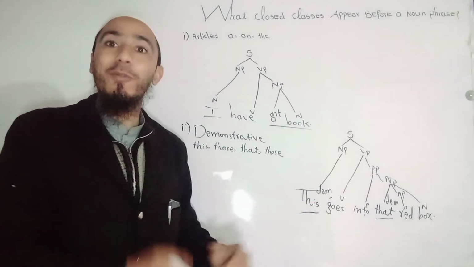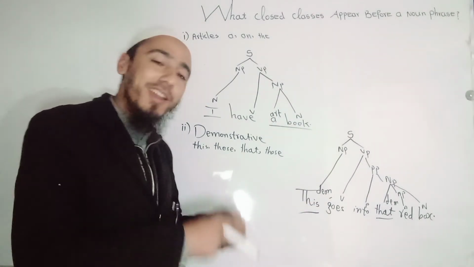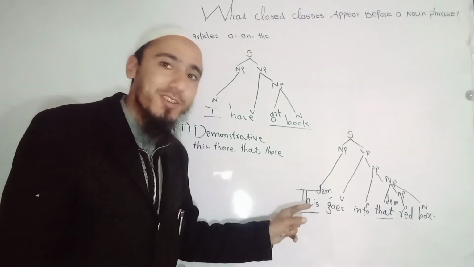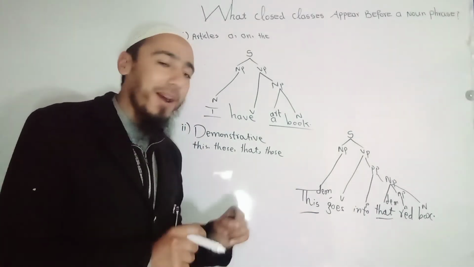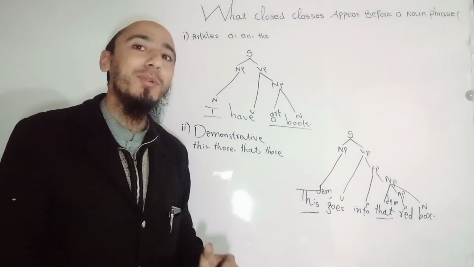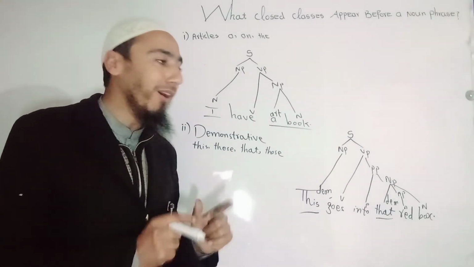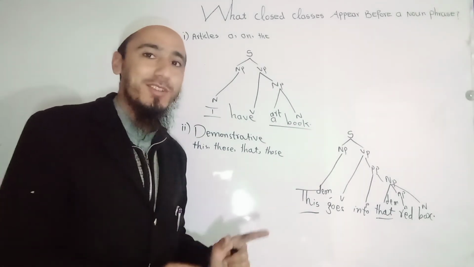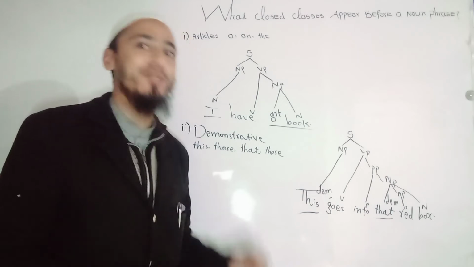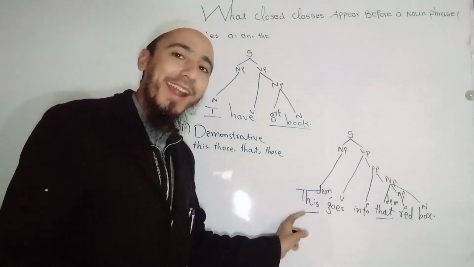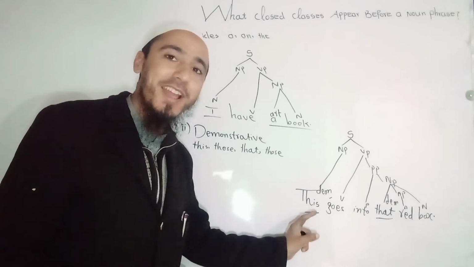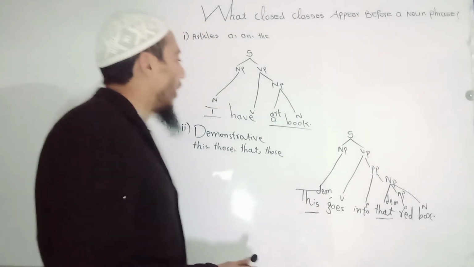So it means that we can use a demonstrative in the place of an NP or noun phrase. However, we cannot write O alone without a noun phrase or without a noun. So this phrase is called a headless phrase because it does not have a noun.